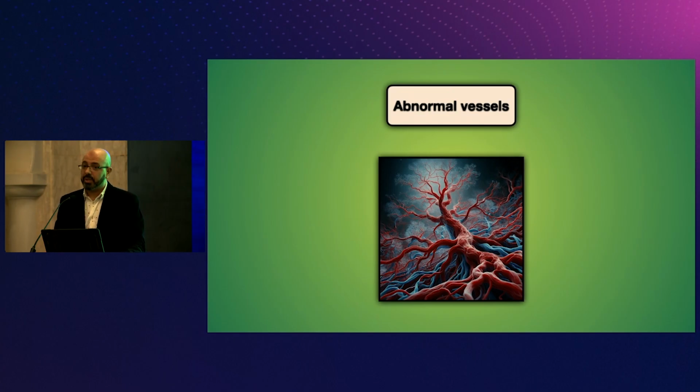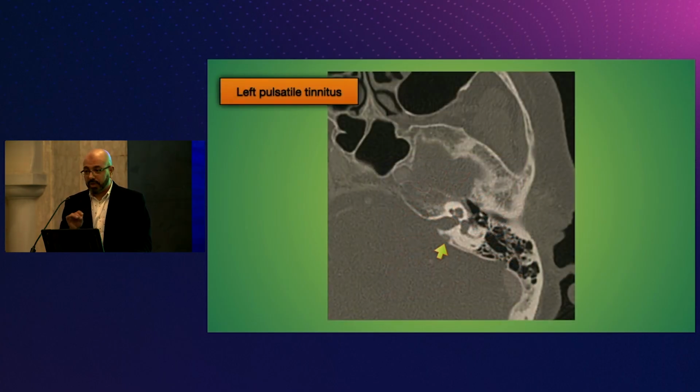We have hemifacial spasm with cranial nerve number 7. But for cranial nerve number 8, it's not fully documented. We can't really say that this is the cause of the pulsatile tinnitus.